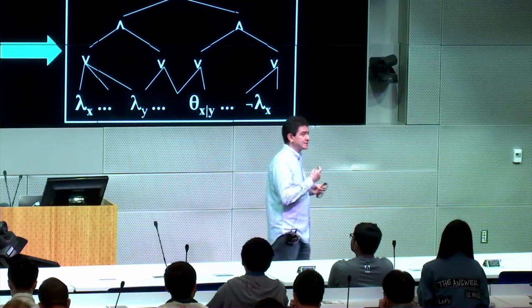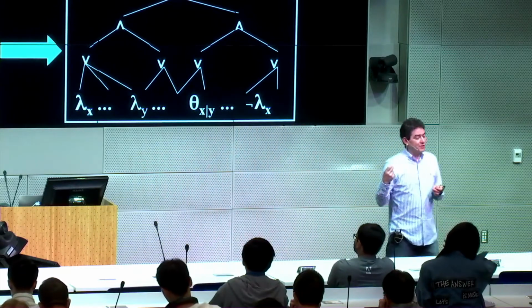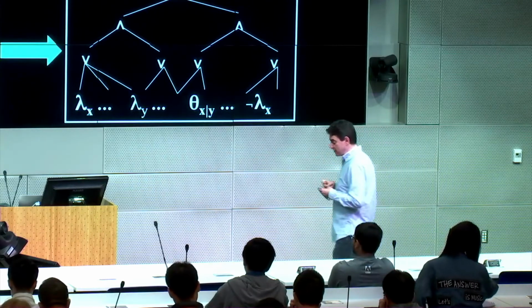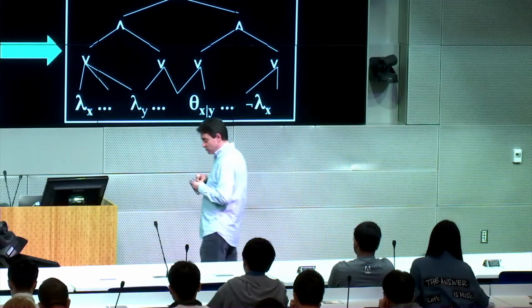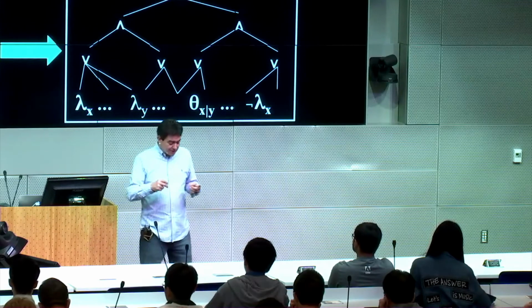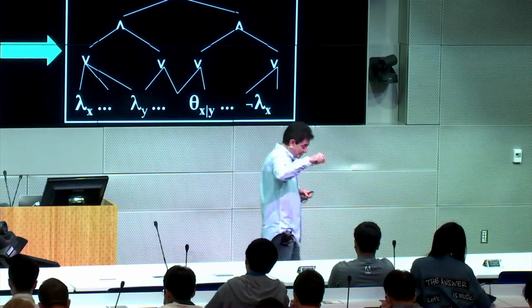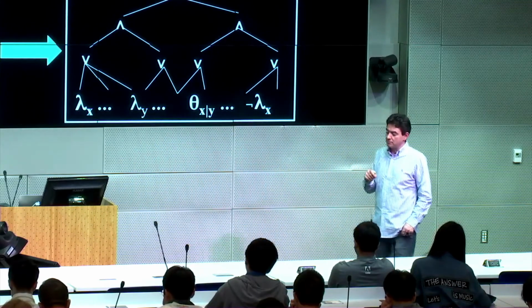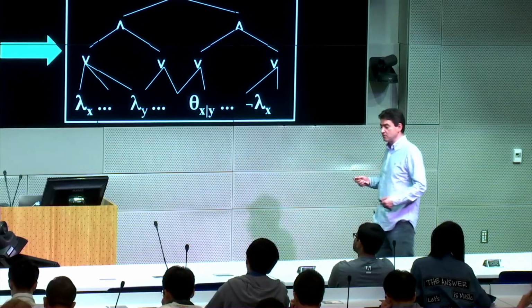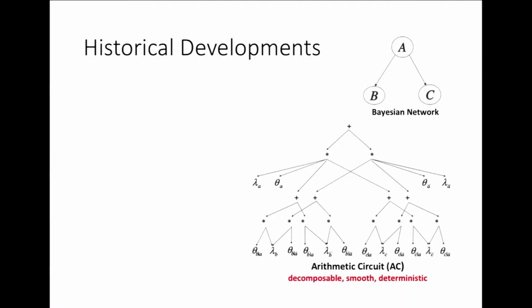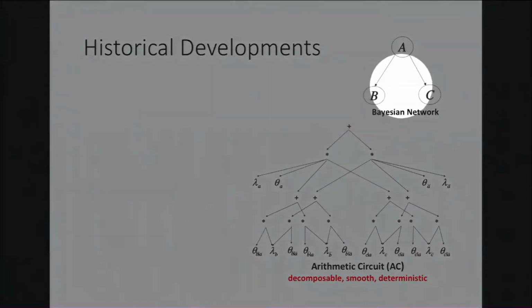What we described up until this point is more than 15 years old, and there were new developments on this picture, which are pretty interesting. So this is what we did so far. A Bayesian network has an underlying network polynomial.